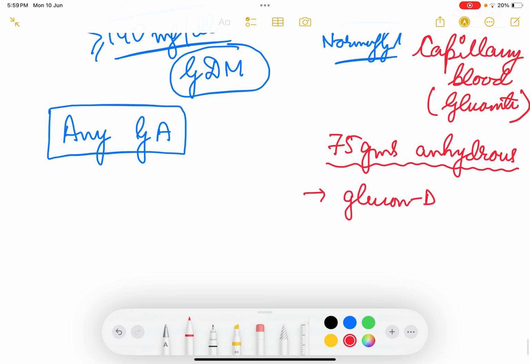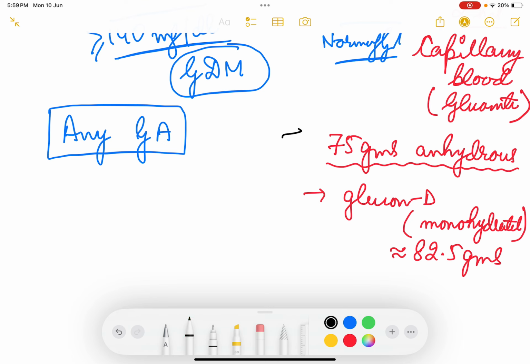Now Glucon-D is not anhydrous, it is the monohydrated form of glucose. तो हमारे जो मार्केट में अवेलेबल होता है, those are monohydrated forms of glucose, and so that will not be 75 grams, that equivalent of Glucon-D will be 82.5 grams. So if you are giving Glucon-D, then you have to give 82.5 grams, which equals 75 grams of anhydrous glucose. Very, very important, asked in examination.